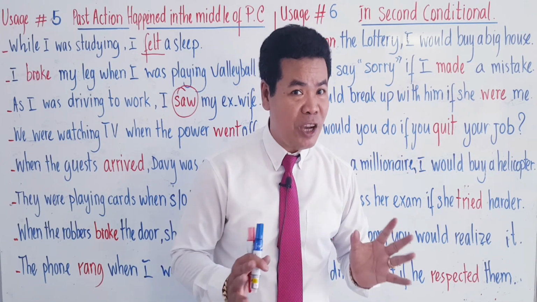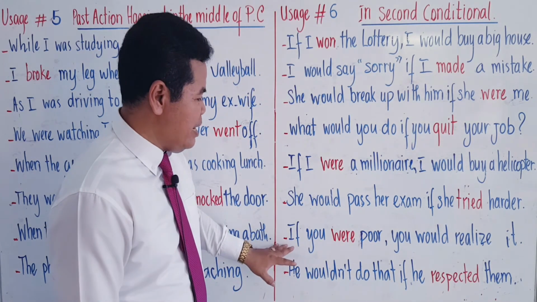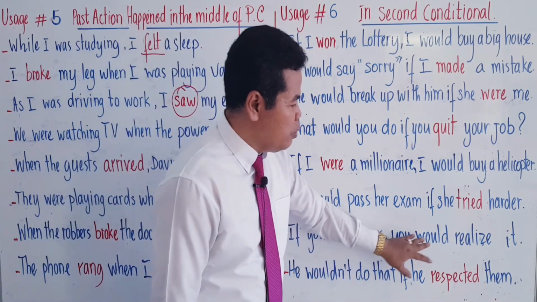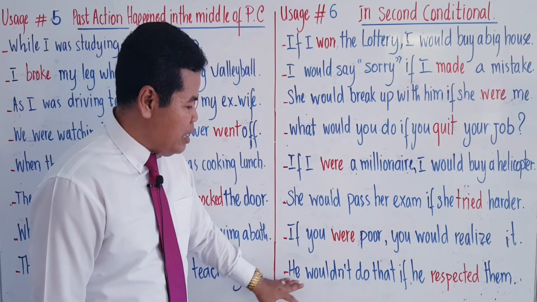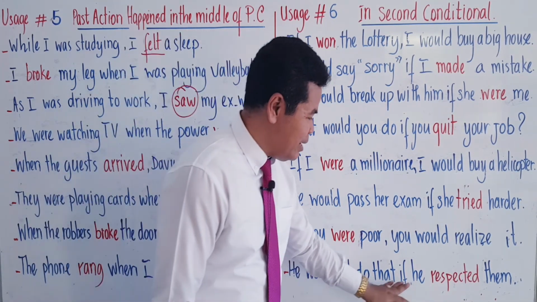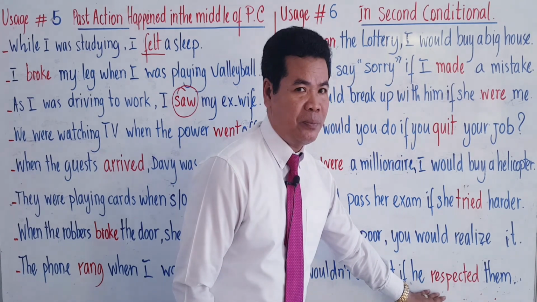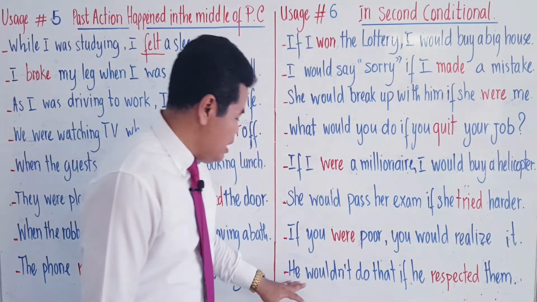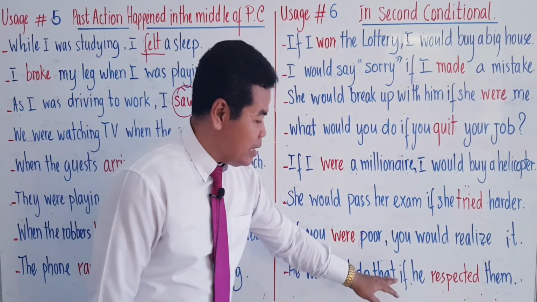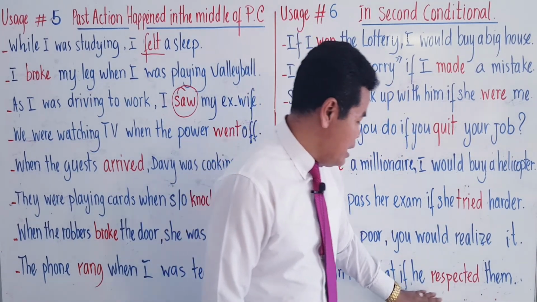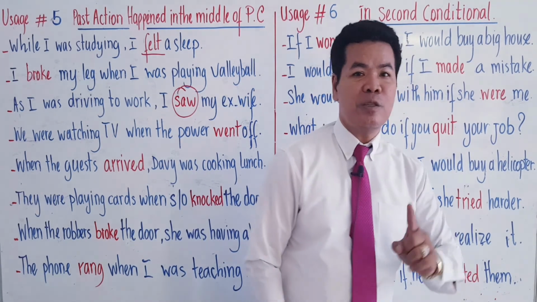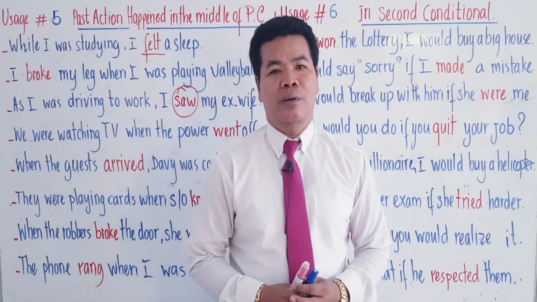So it's impossible. So we say, if you were poor, you would realize it. The last example, he wouldn't do that if he respected them. So, if he respected them, we use the past simple.